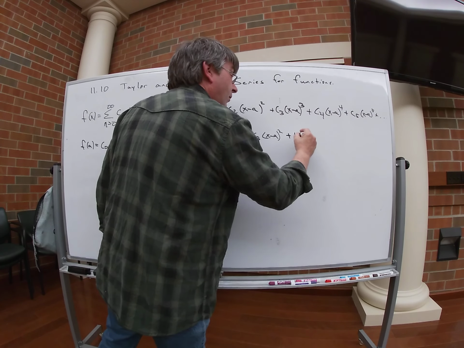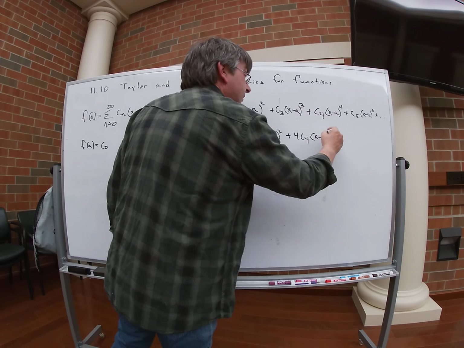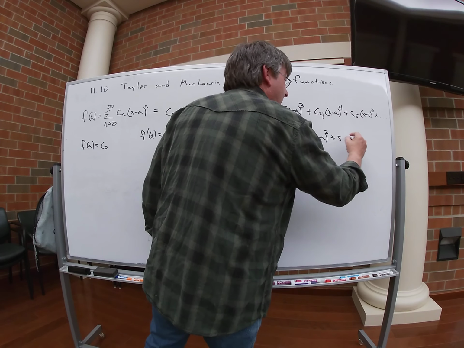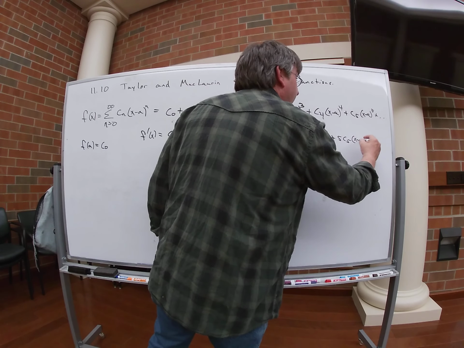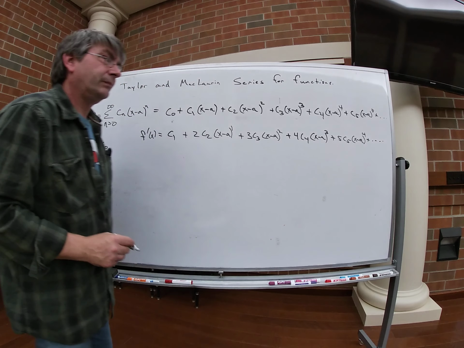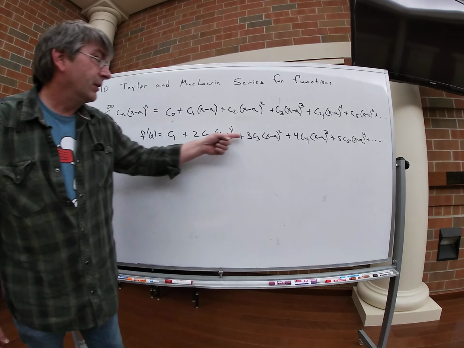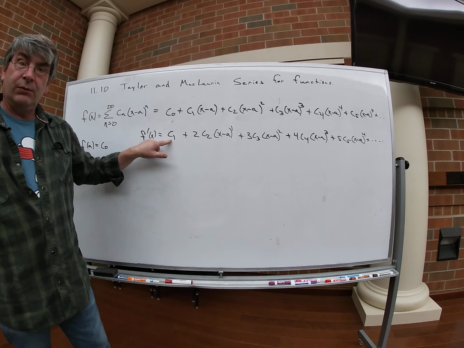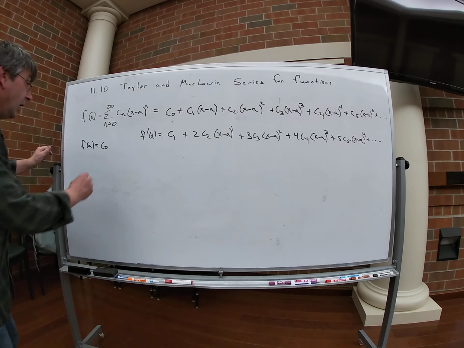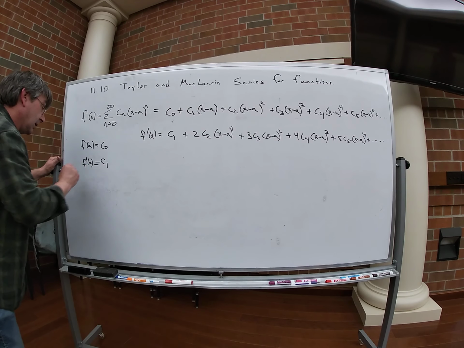Plus 4C4 x minus a to the third. You see why I wanted one of these extra terms, plus 5C5 x minus a to the fourth, etc. If I plug in a to this mess, it'll kill all these terms and I'll just get C1. So C1 is f prime at a.